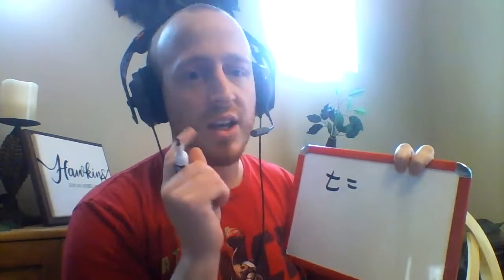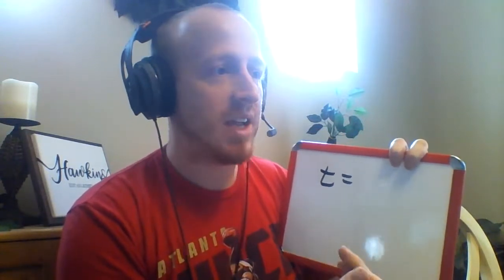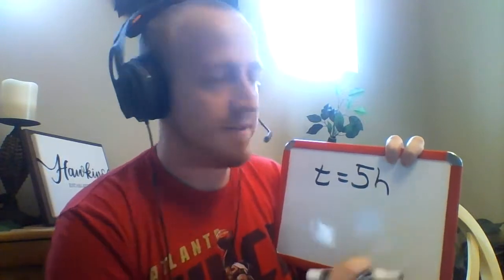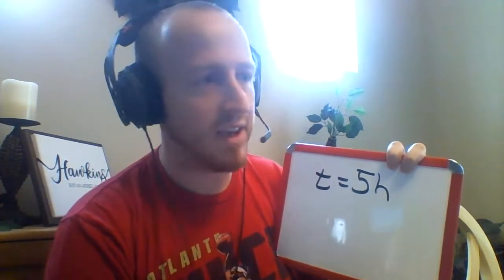So for 3 hours, that is 5 plus 5 plus 5, right? So that's 3 times 5. You'd get 15. So you're taking however many hours, h, and multiplying that by 5. And the answer would be D.